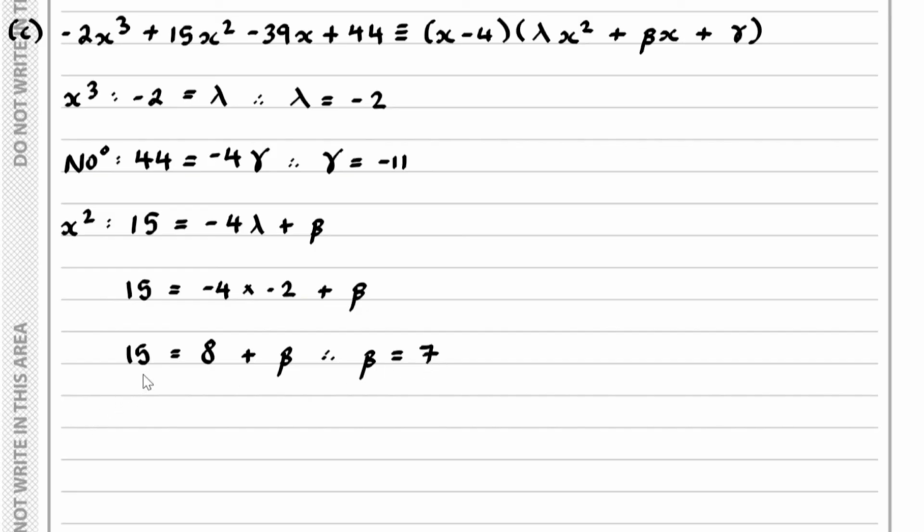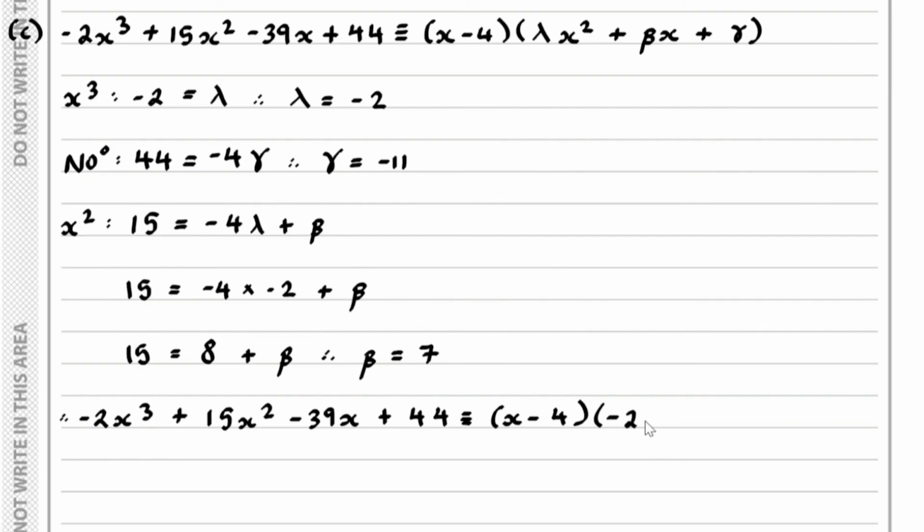And knowing the values of lambda, beta and gamma, we can therefore conclude that minus 2x cubed plus 15x squared minus 39x plus 44 is equivalent to x minus 4 multiplied by lambda x squared, so we've got minus 2 x squared plus beta x, so here we've got 7x, plus gamma, which is minus 11.